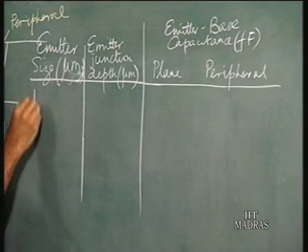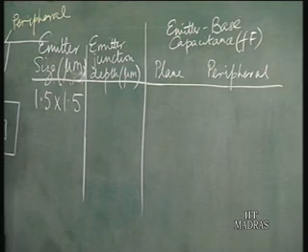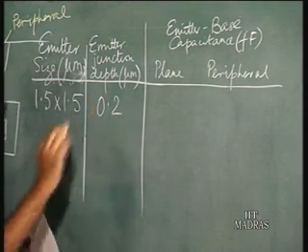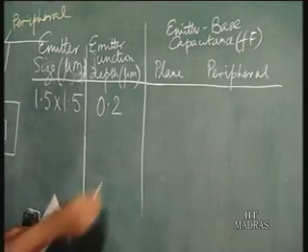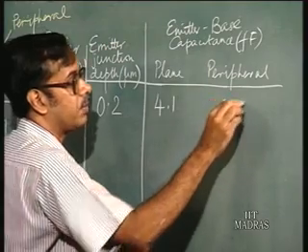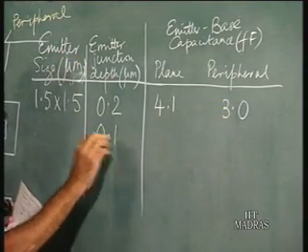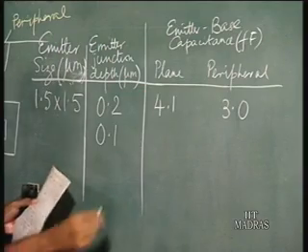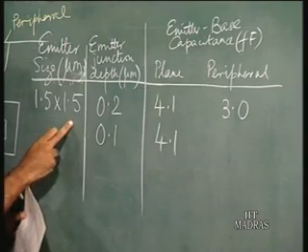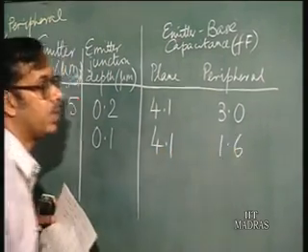So, if you have a 1.5 by 1.5 micron emitter size, and the emitter base junction depth is 0.2 micron, the plane component is 4.1 femtofarad and the peripheral component is 3 femtofarad. If you reduce the junction depth to 0.1 micron, this one remains 4.1 because we are not changing the emitter area, but the peripheral component reduces to 1.6.